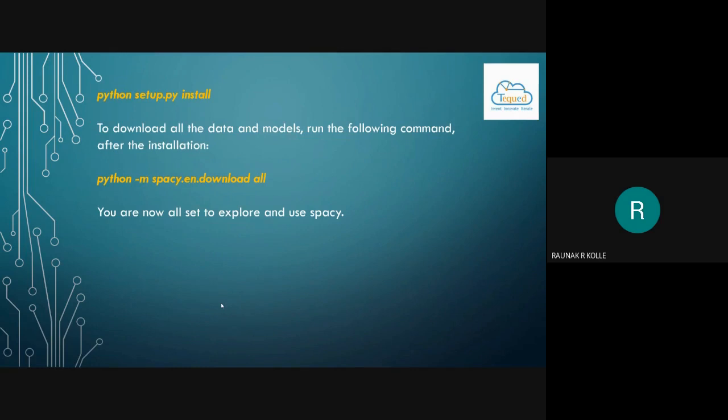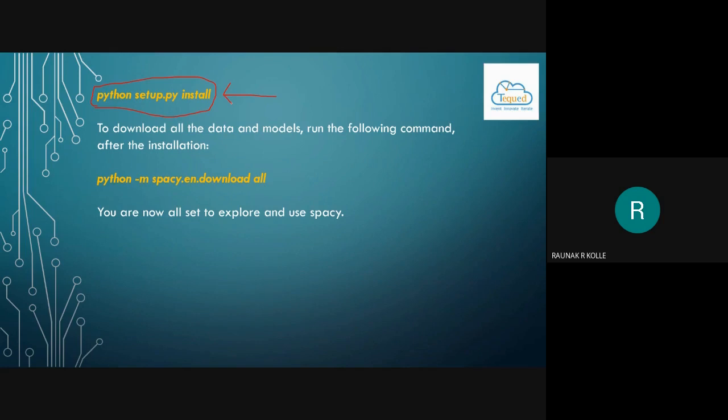To download all the data and models, you can use the command python setup.py install. This command here can be used to download all the data and models. Run the command, that is this command right here, after the installation.